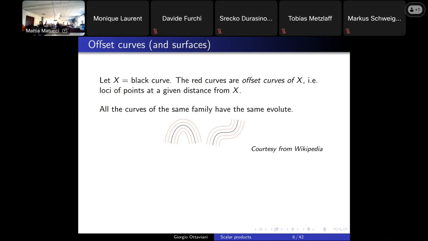And algebraically, it's interesting that if you start from the black curve and fix a radius, you always find for such a radius a couple of curves as the offset, and you can think it is reducible. There is one inner, one outward, but of course that's not true.